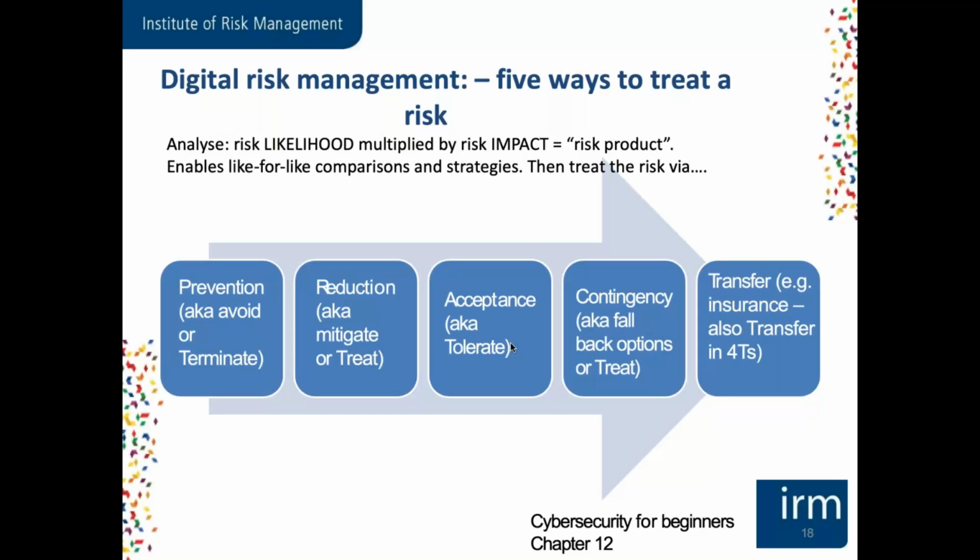So whether companies choose to prevent the risk entirely through avoidance, find ways to reduce the risk, mitigate the risk, whether it's a risk that can be tolerated or accepted, contingency plans, and of course transferring usually by insurance policies.